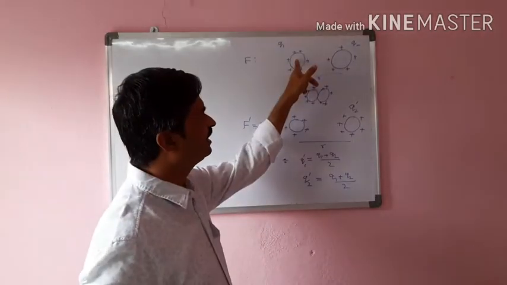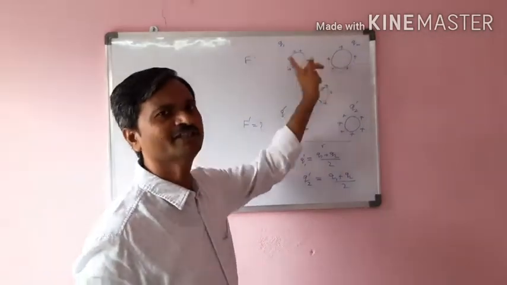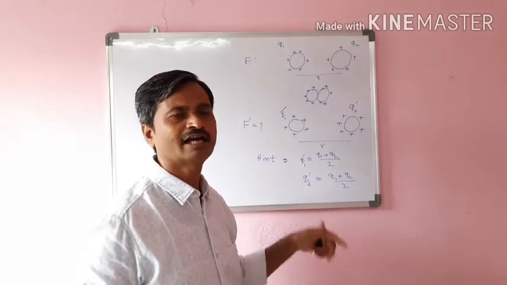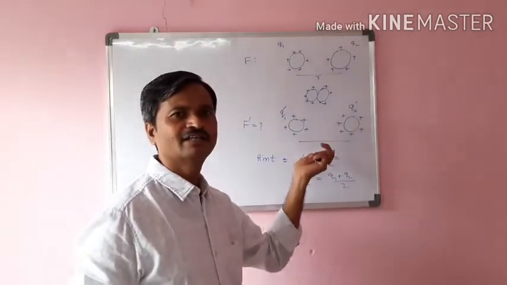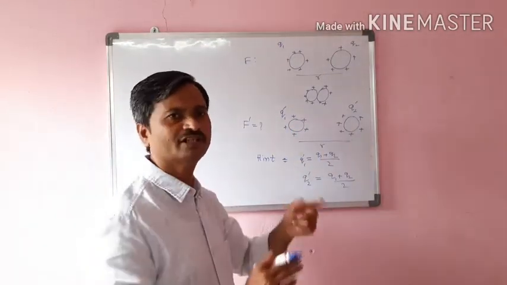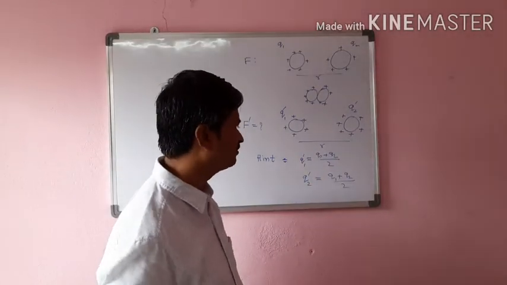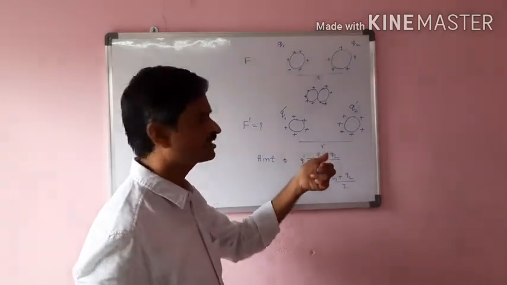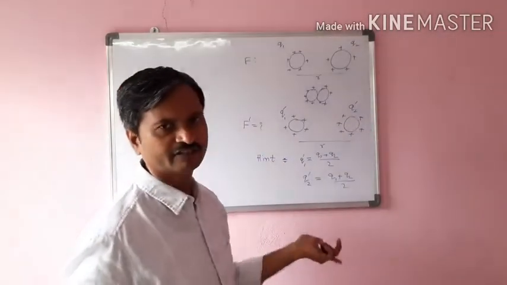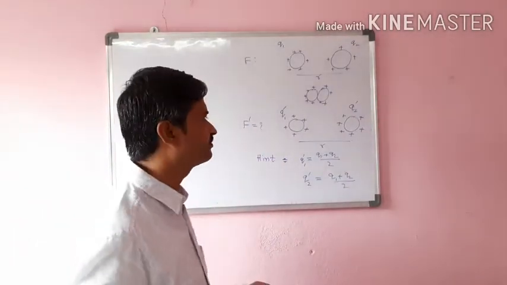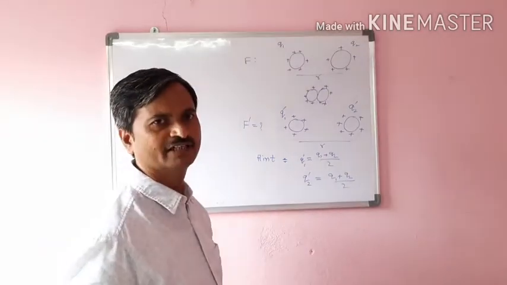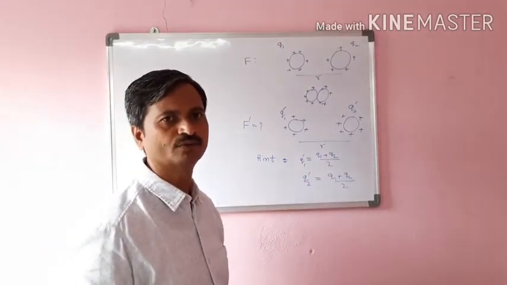If one has more charge, it is transferred to the other till the potential becomes equal. As identical bodies, they have equal potential, so the charge is distributed equally. And R remains constant. Use the force formula, take the ratio, and you will get the answer in terms of F. This is the question for you.